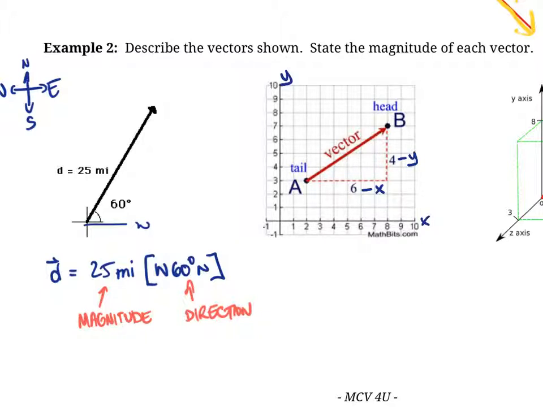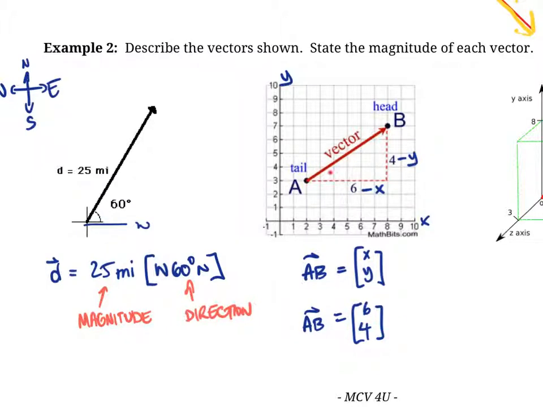So in order to describe a vector, one way we can do that, so this is going to be called vector AB with the arrow on top. We can describe it like this, having an x and a y part. So in this case, in the example AB, the x part is 6 and the y part is 4. So that's one way we can describe this vector. It has an x part of 6 and a y part of 4. You'll notice how the magnitude, the actual length of the vector, isn't included in here.